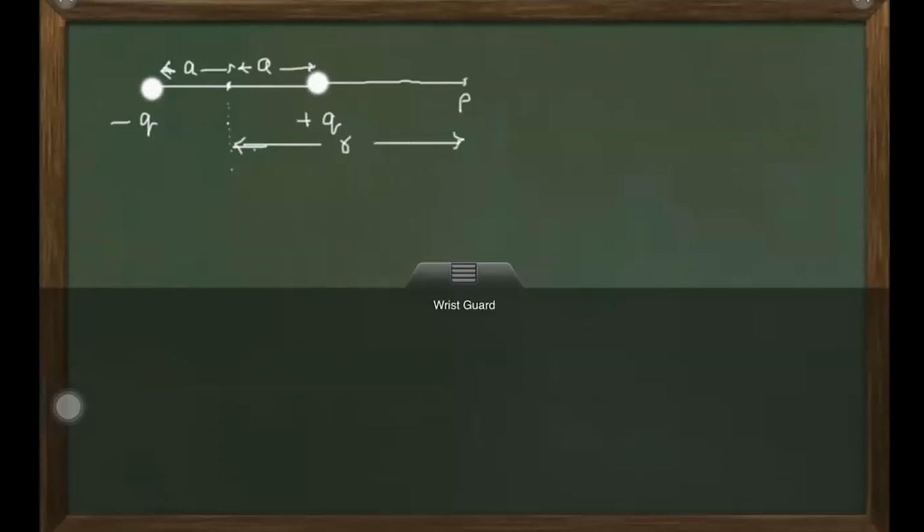In our previous classes, we have seen that when a source charge is taken, an electric field is produced, and the formula for that electric field is E is equal to 1 upon 4 pi epsilon naught Q upon R square, and the direction will be away from a positive source charge and towards a negative charge.